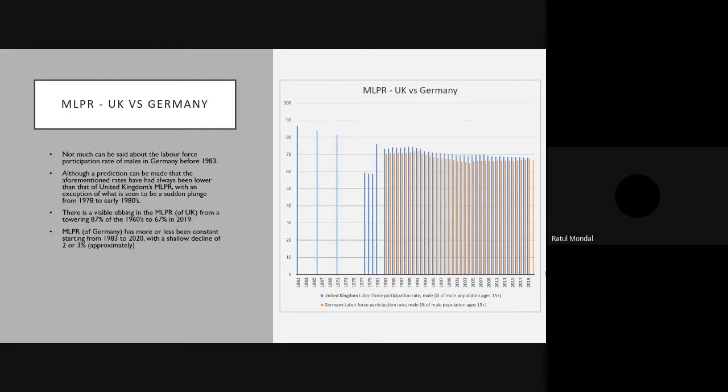We are considering this as an exception. There is a visible decay in the MLPR of UK from a towering 87% to 67% in 2019, and the MLPR of Germany has more or less been constant from 1983 to 2020, with a shallow decline of 2 or 3%. This difference has been constant throughout, starting from 1983 and ending at 2019.